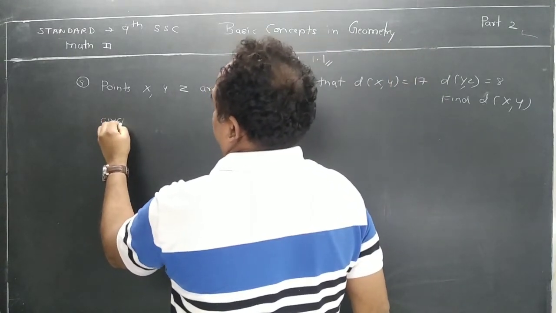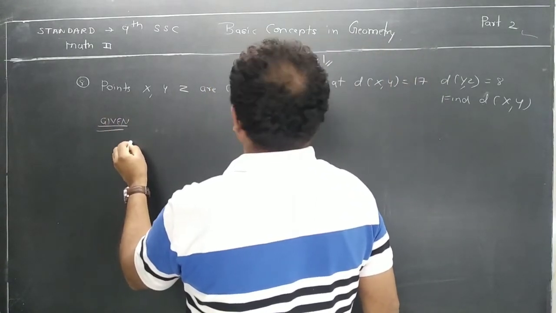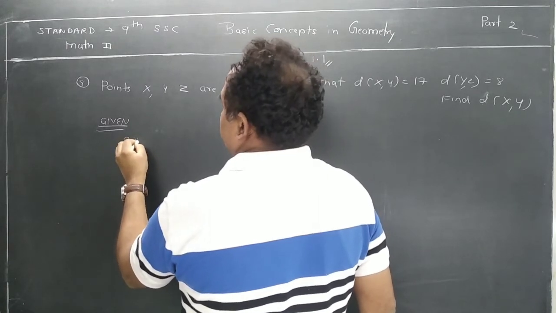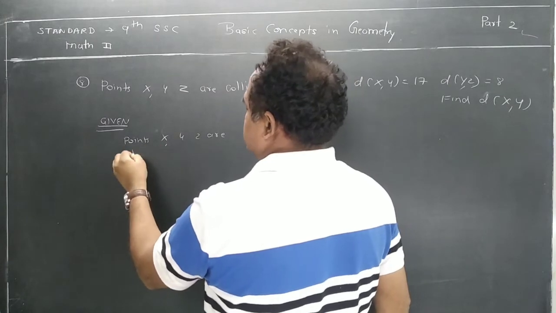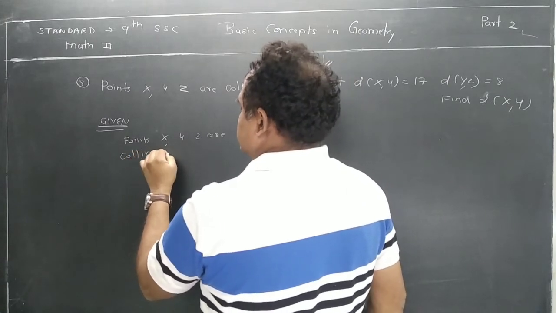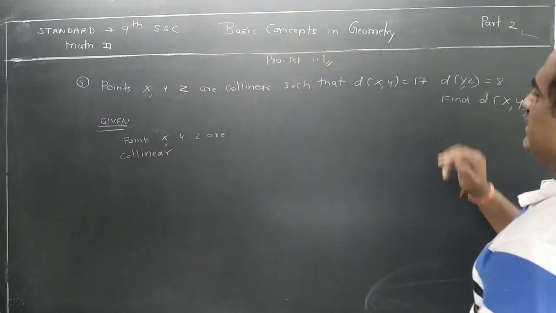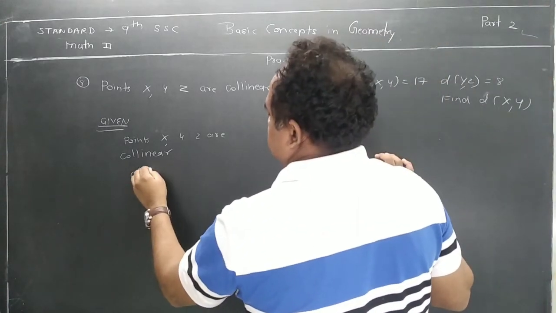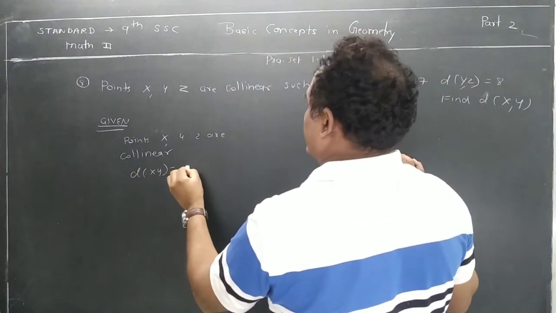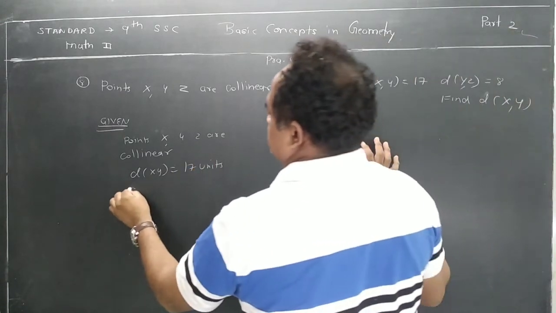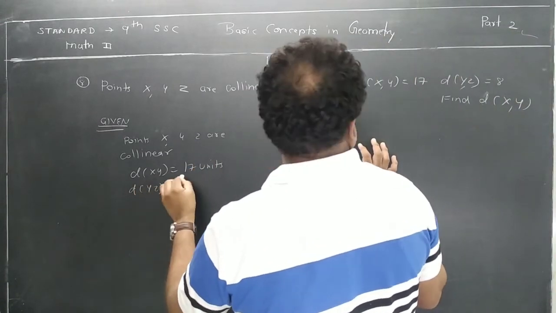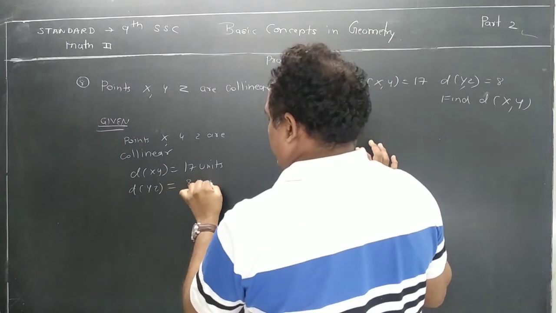Okay. So what are you going to write? First, given. What is given to you? Points X, Y, Z are collinear, which means they lie on the same line, as we know. Again, they have given distance XY is equal to 17 units, distance YZ is equal to 8 units.